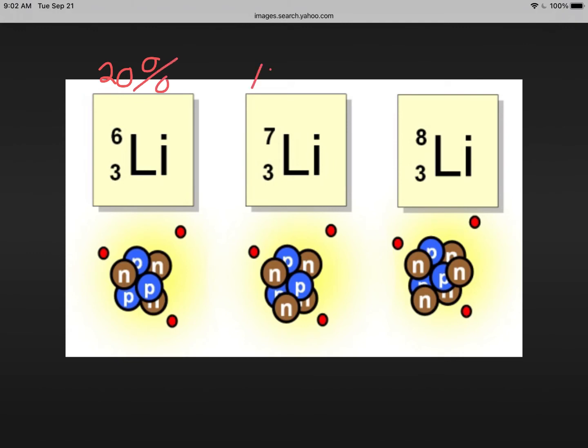Let's say you have 10% for lithium-7, and 70% for lithium-8. I'm going to give you what percentages to use. You are always going to know which ones are isotopes, because if the atomic number is the same, these are all the same element, but your mass is different.